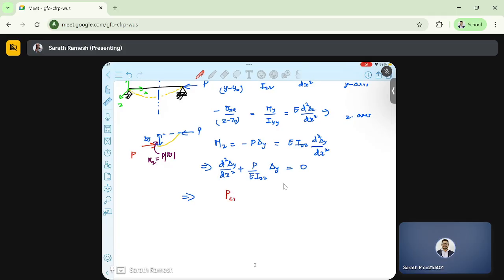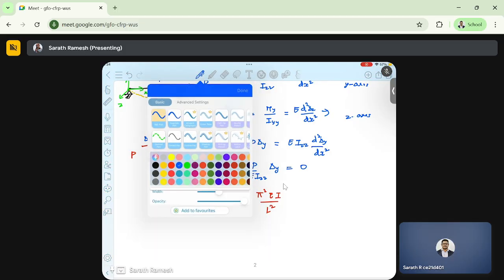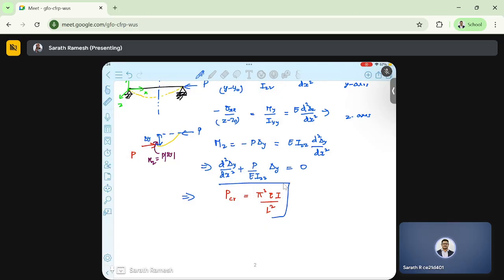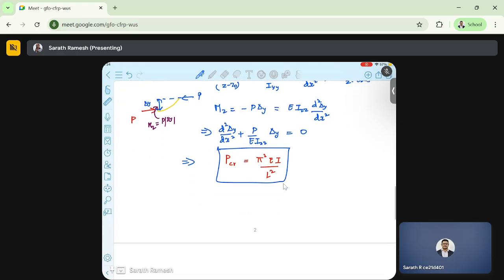So this P critical is going to be pi square EI by L square. It's the minimum value, right? So there are other modes possible. So we are interested in the least minimum mode, because this is going to govern the failure. And this is Izz.